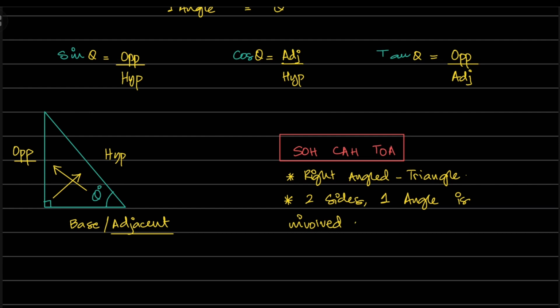The only difficult thing over here that people do find difficult and get concerned about a little bit is where they have to identify the sides. Once you've identified the sides, once you know how to plug in those values, then it's smooth sailing from there. Okay, now let's do a sample question.